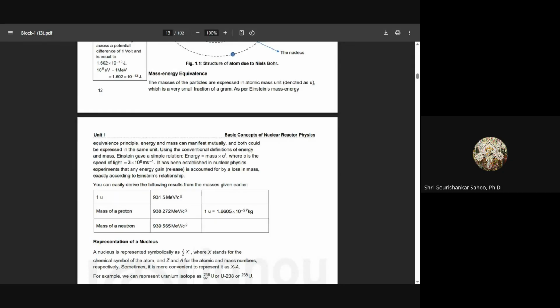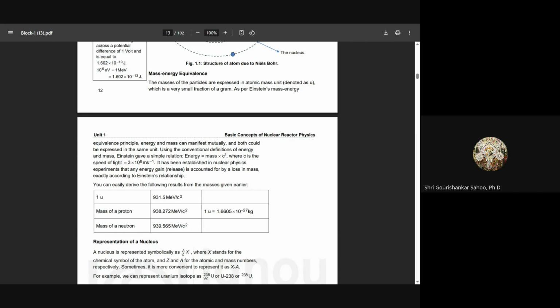The masses of particles are expressed in atomic mass unit or U, which is a very small fraction of a gram. So how is a gram expressed as an atomic mass unit? As per Einstein's mass energy equivalence principle, energy and mass can manifest mutually and both can be expressed in the same unit using the conventional definition of energy and mass.